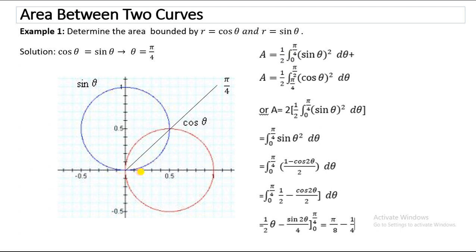Theta from 0 until theta equals pi over 4 is this area, for this graph, sine theta squared.